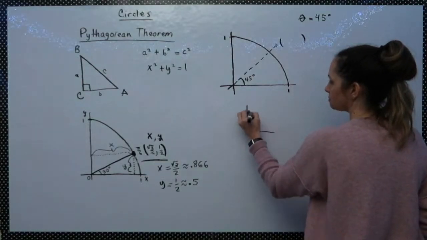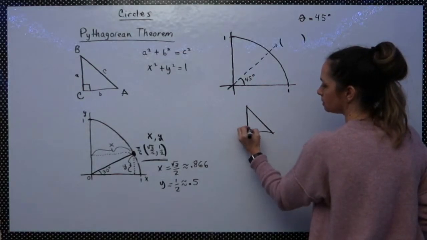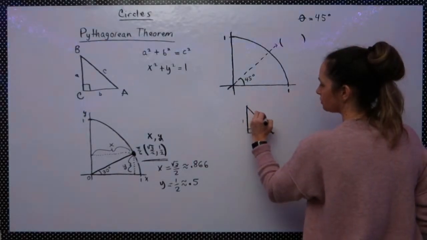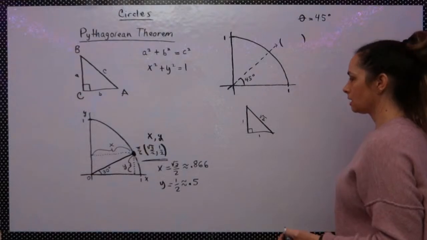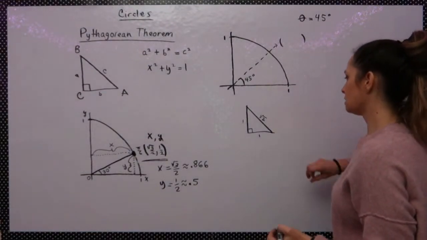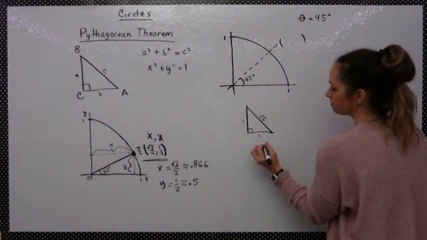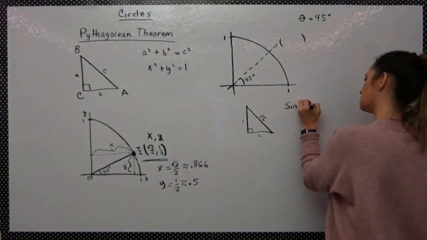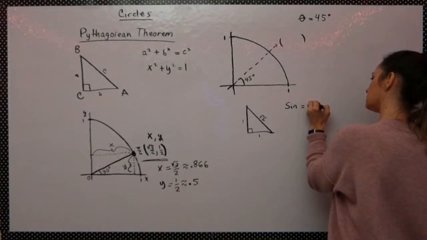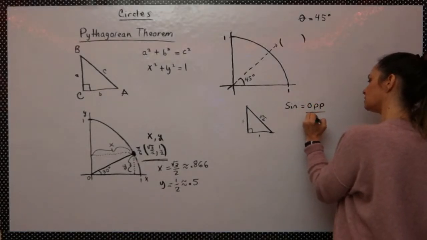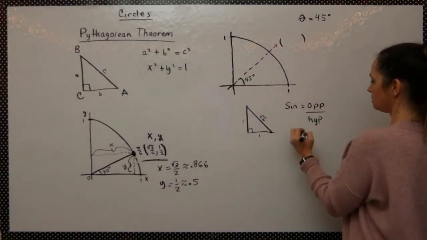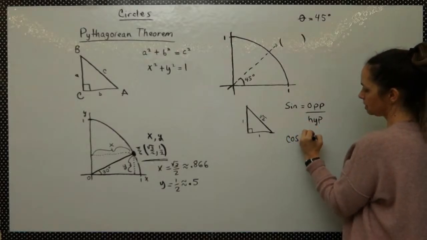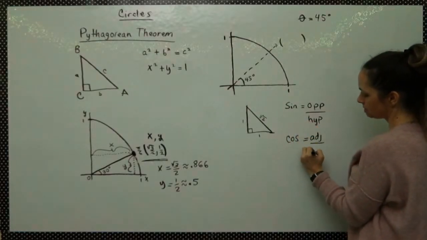We have our special triangle, and we have 1, 1, square root of 2. Remembering my definitions, sine was opposite over hypotenuse, and cosine is going to be adjacent over hypotenuse.